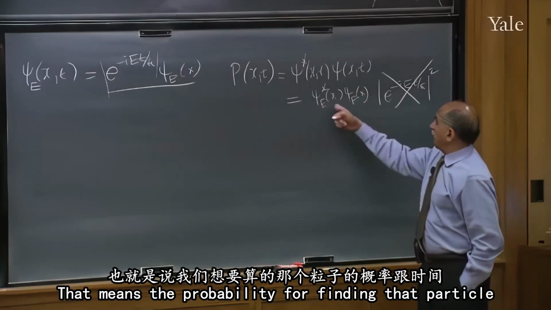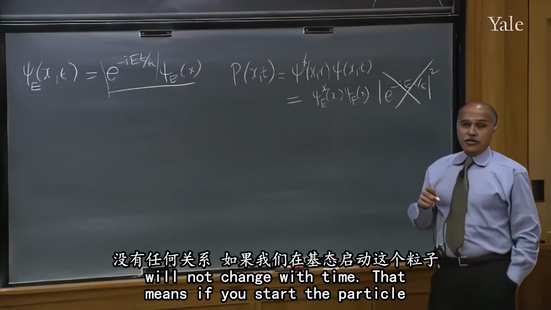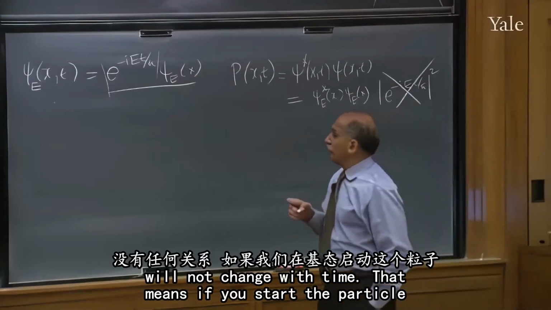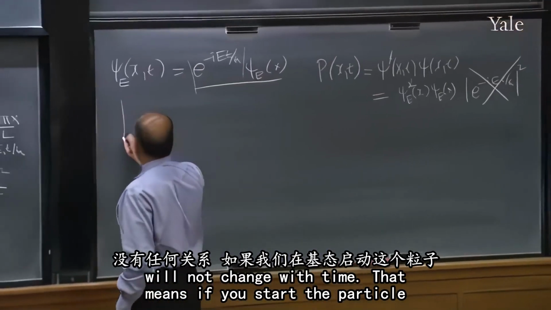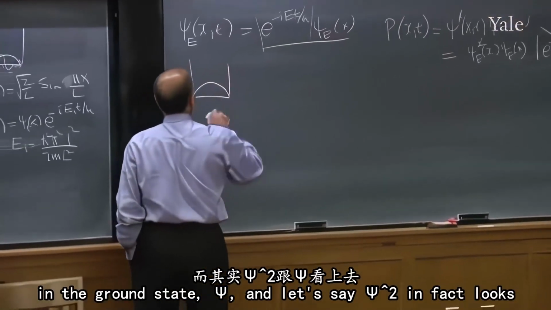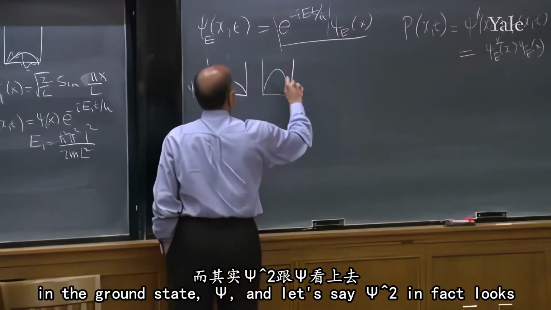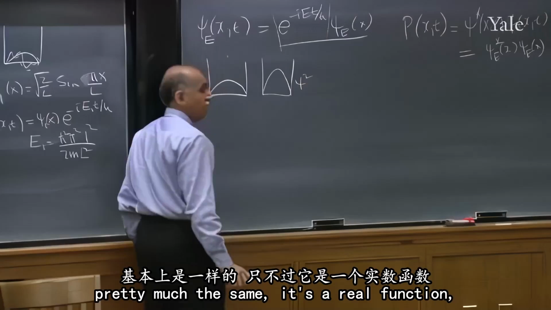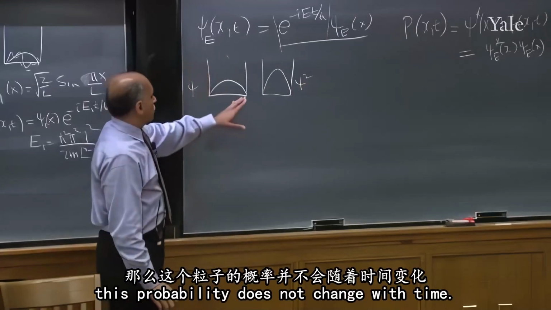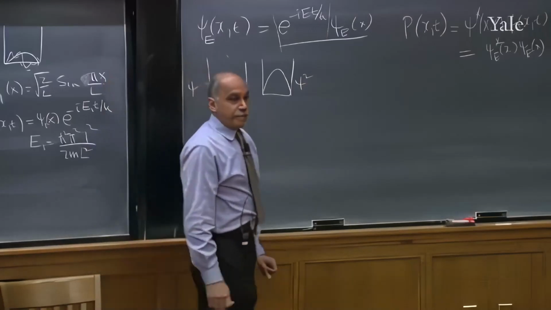That means the probability for finding that particle will not change with time. That means if you start the particle in the ground state, psi, and let's say psi squared, in fact, looks pretty much the same. It's a real function. This probability does not change with time.